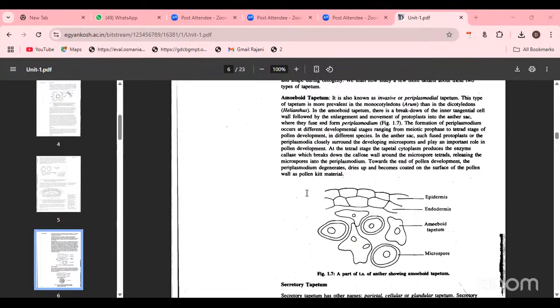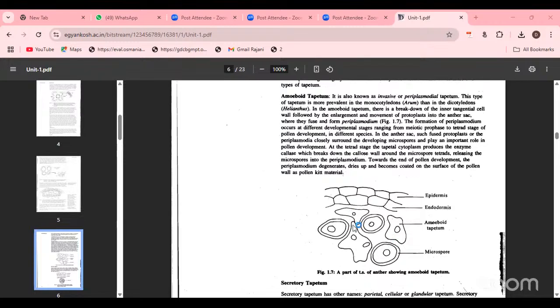This is the amoeboid tapetum, this shape, this is called the amoeboid.